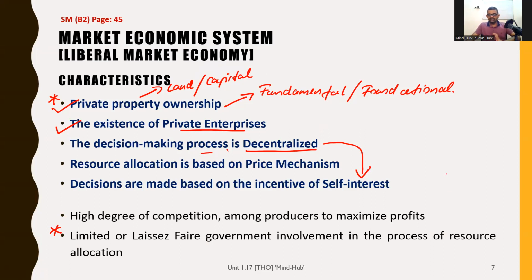We will always make our decision based on what is going to create a benefit for us. So decisions are motivated by the incentive of self-interest. That part we have explained.